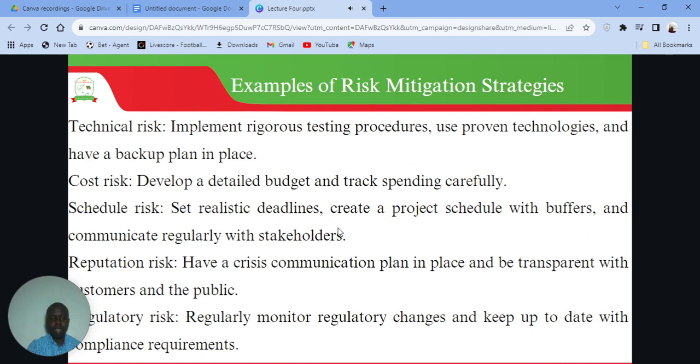So it is incumbent upon us to have a communication strategy on what we can do in case our reputation is at stake. And the other one is regulatory risk. We need to monitor changes and keep up to date with compliance requirements. These are compliance requirements in relation to government laws that have been put in place.